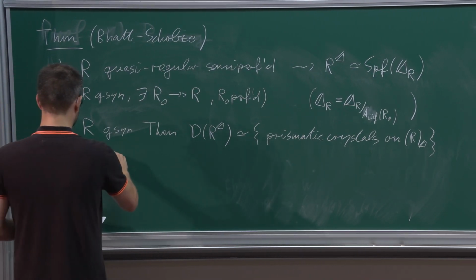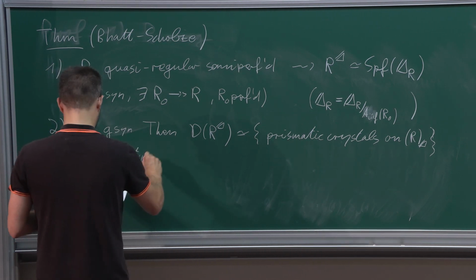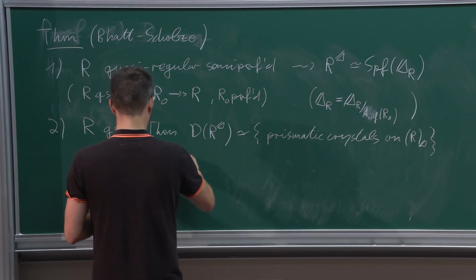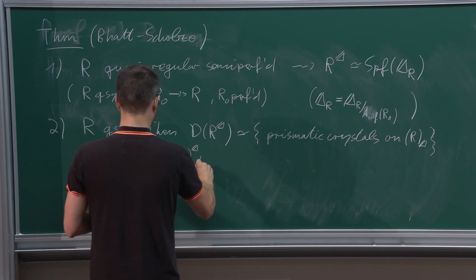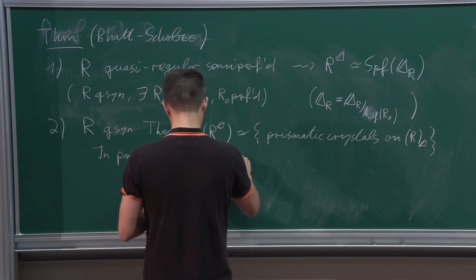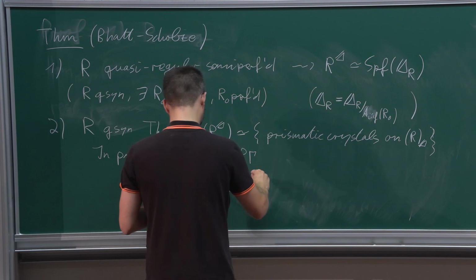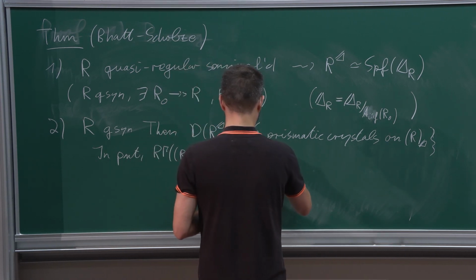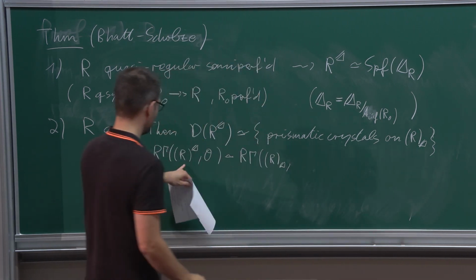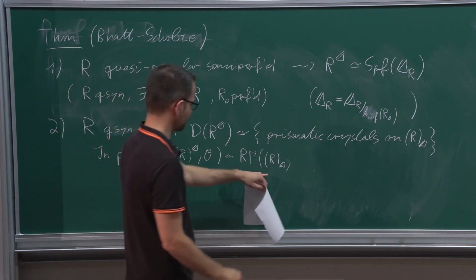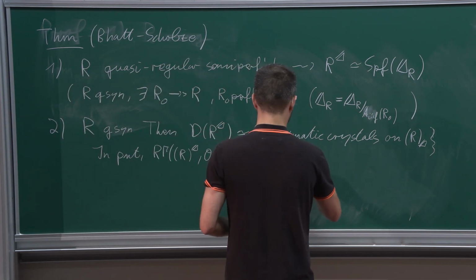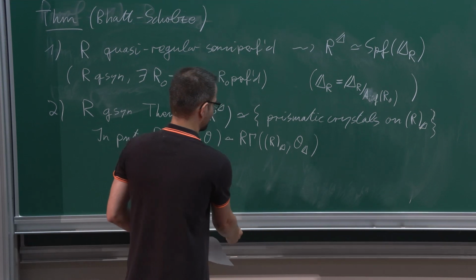And so in particular, the cohomology of this prismatization calculates the absolute prismatic cohomology of R.